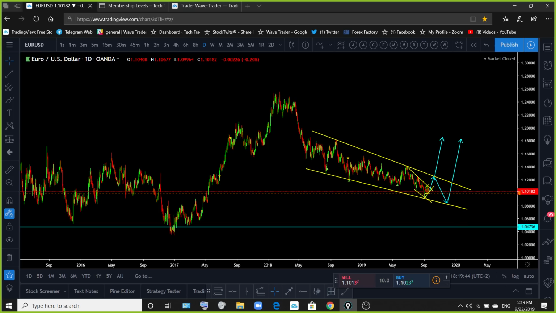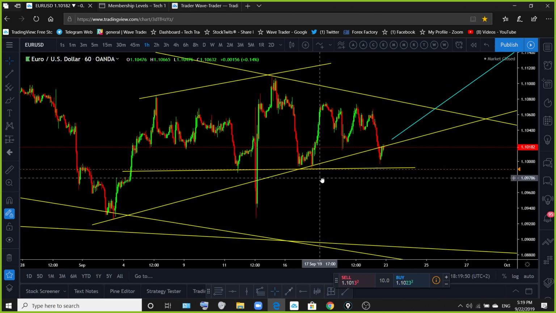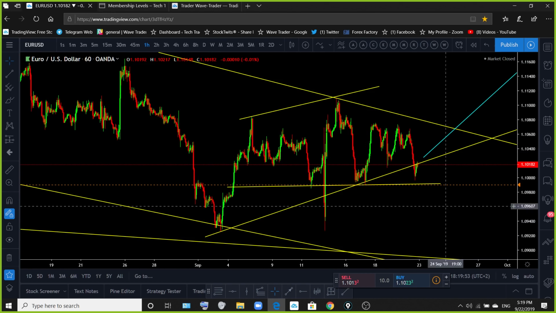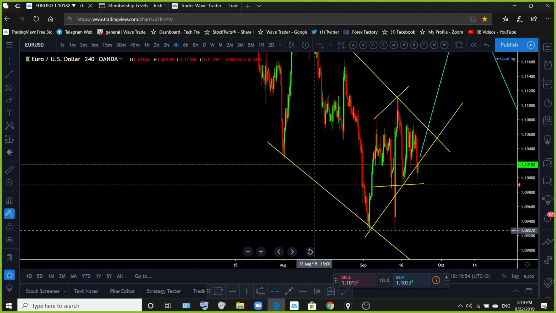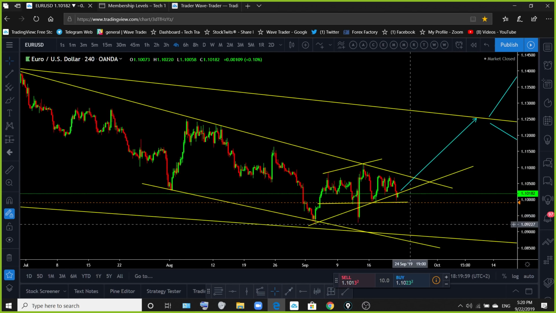All right, so let's look at the lower time frame and let's look at this bottom next week. So watch that. Let's go to the 4-hour time frame. One more drop is still possible.